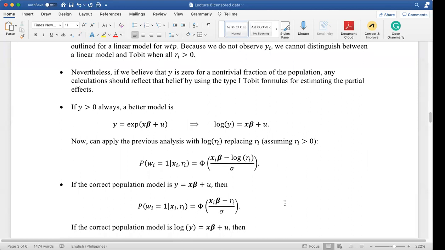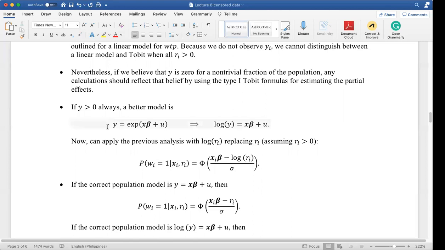If y sub I is always greater than 0, that is, willingness to pay is always positive, you do not have zeros or corner solutions. A better model would be of this form, which ensures that y is positive. So you have y equals exp of x beta plus u.